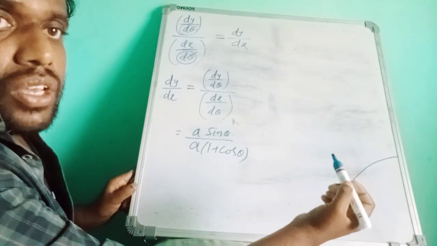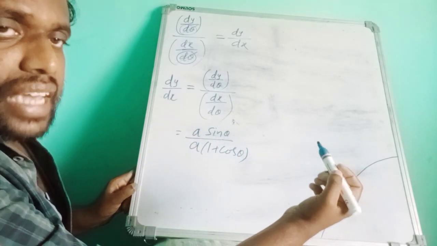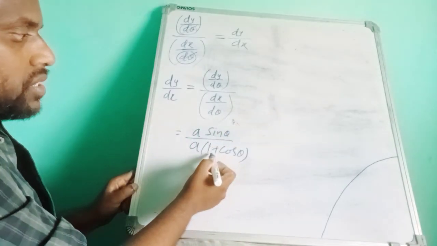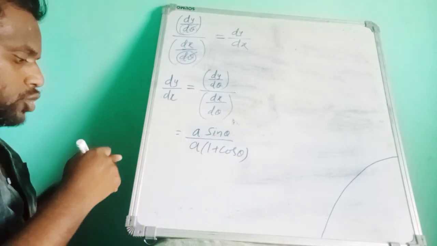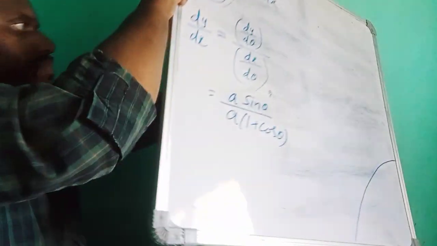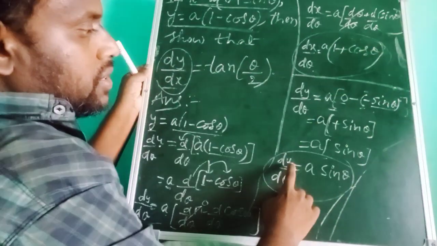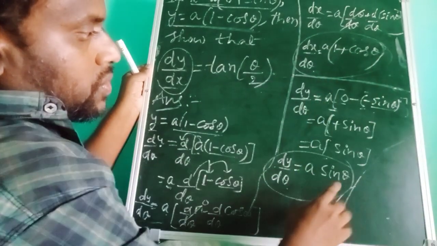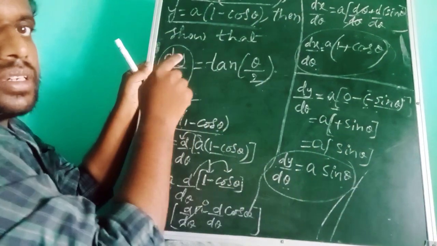I will show once again if you want. Dy by d theta is this, dx by d theta is this. I have written them here on the back side.